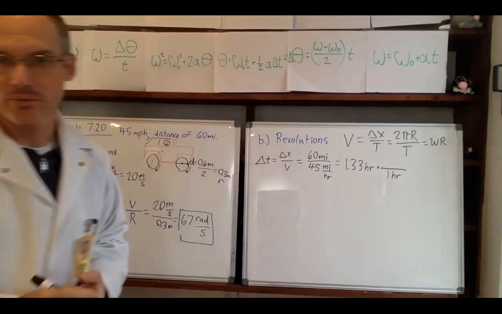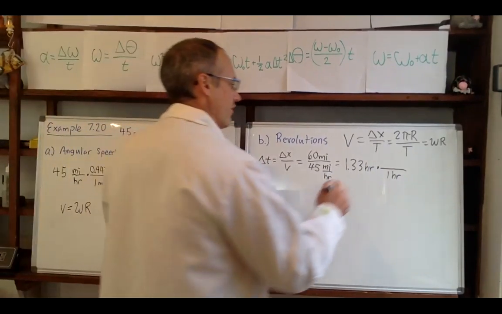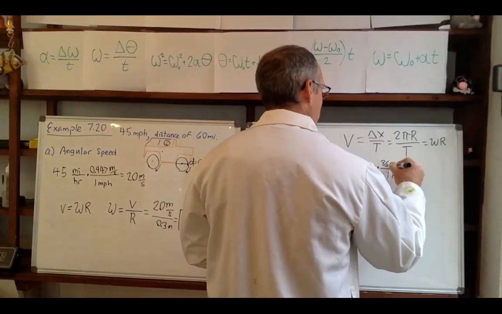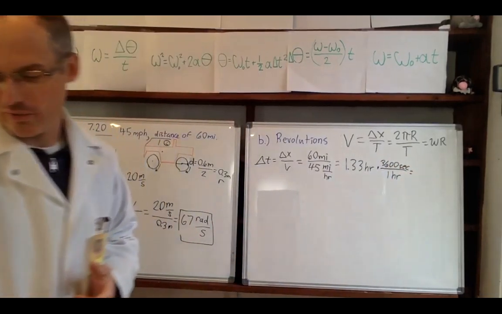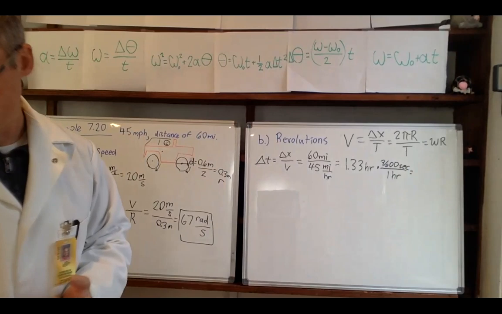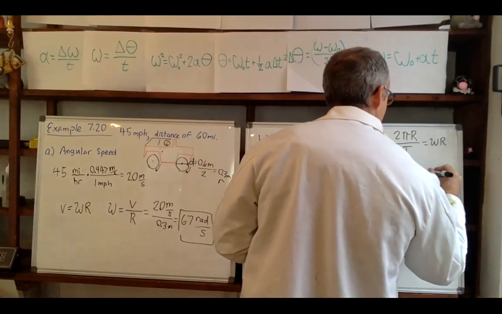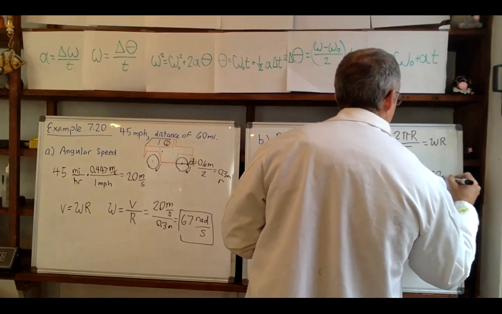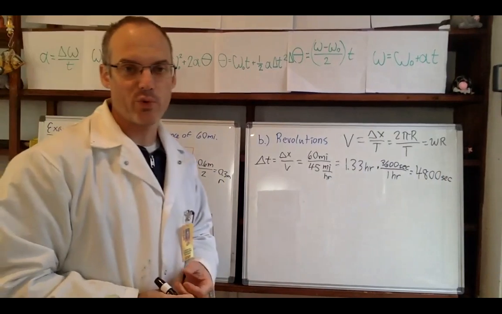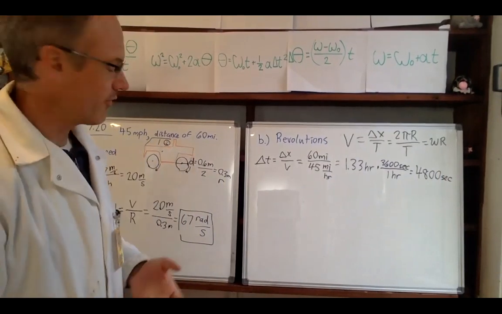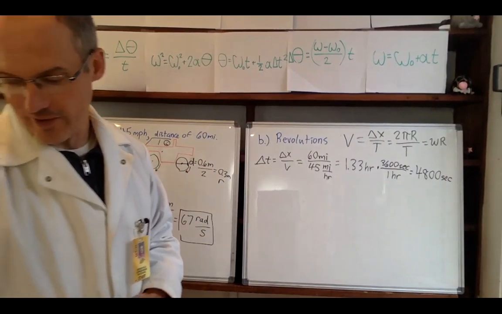In 1 hour, there's 3,600 seconds. So in 1.33 hours, we're talking about 4,800 seconds. Okay, so that's how long the trip will take in seconds. Of course, you're driving a Jeep in the sunshine, so you might want to take the long way.